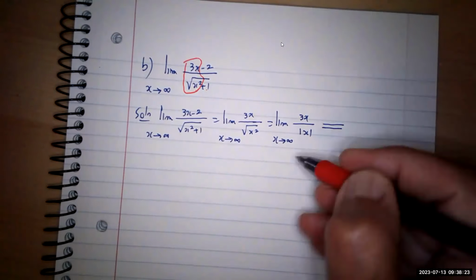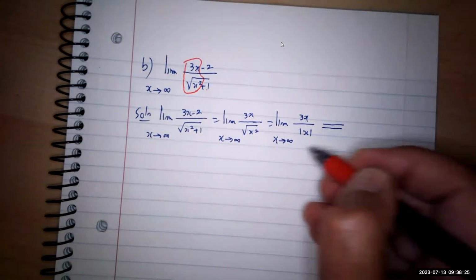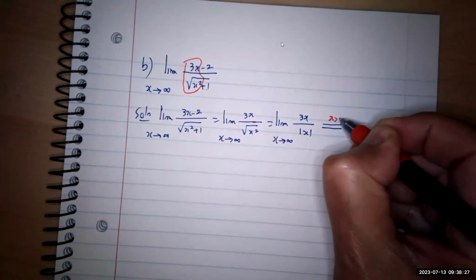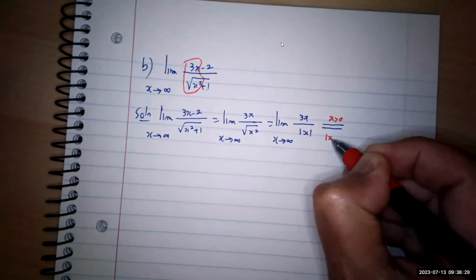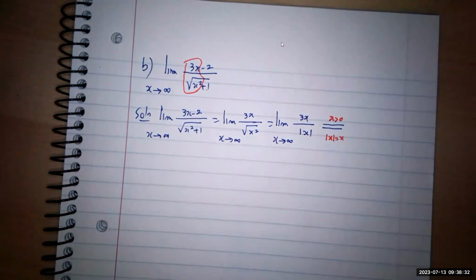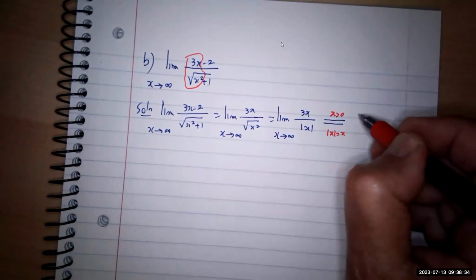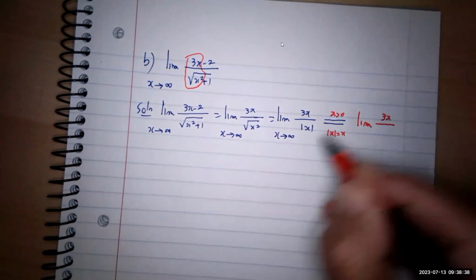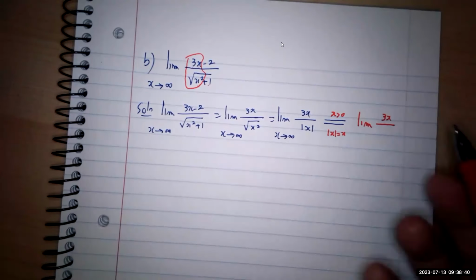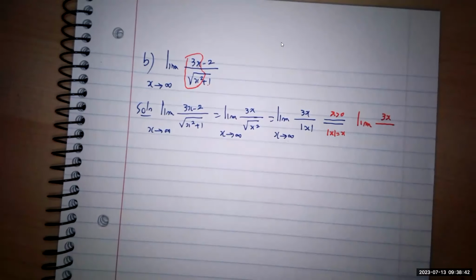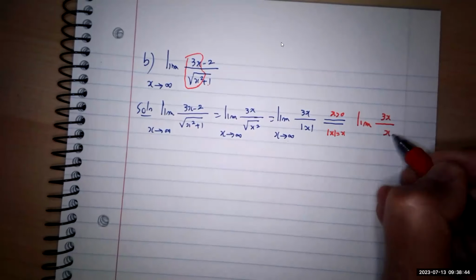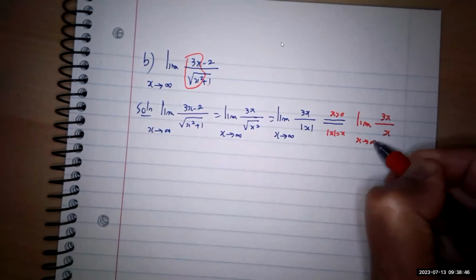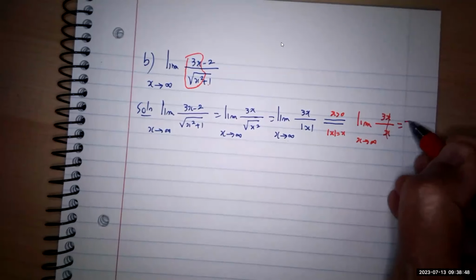This is just for your information, that we talk to ourselves and say, oh, x is positive, so I know that the absolute value of x must change to x. You can do it right away when you write it down, you just have a look and do it. So as x goes to infinity, the x would disappear and we get 3.